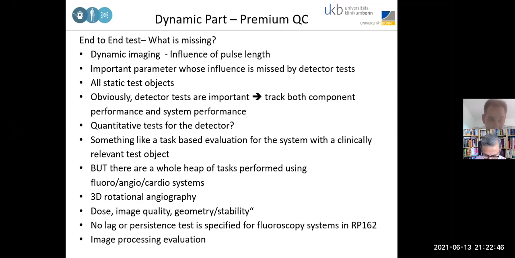Then 3D rotational angiography: no tests so far in three dimensions, and for fluoroscopy systems there is nothing specified in any guideline. And for the image processing evaluation, so how the images are actually processed on the image side, there's also no testing.